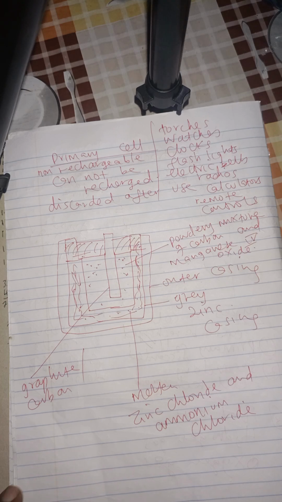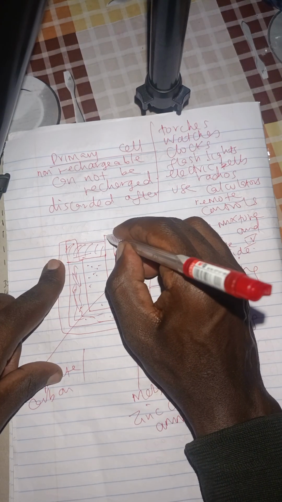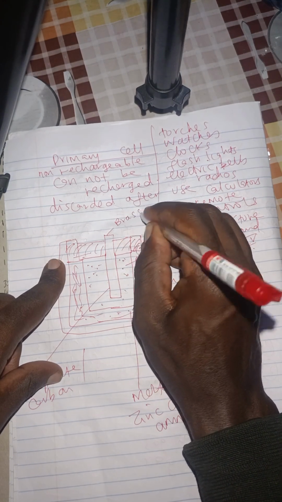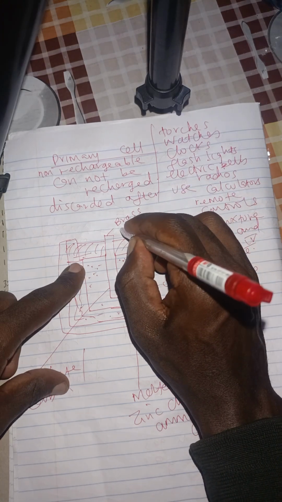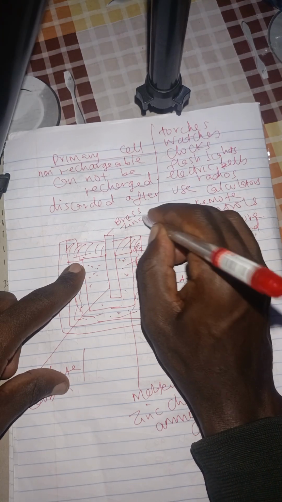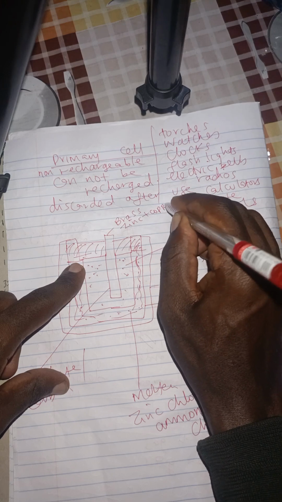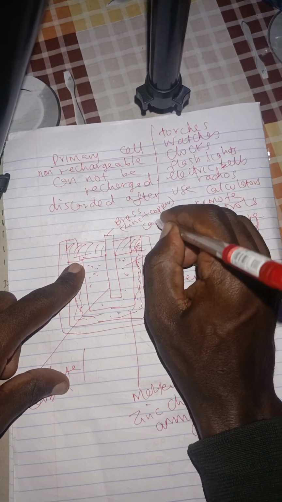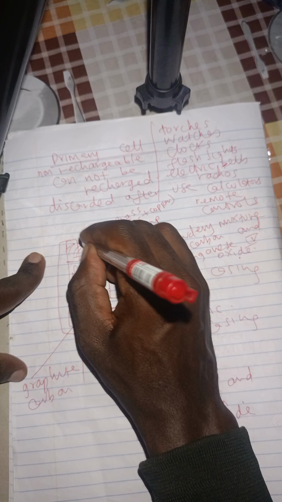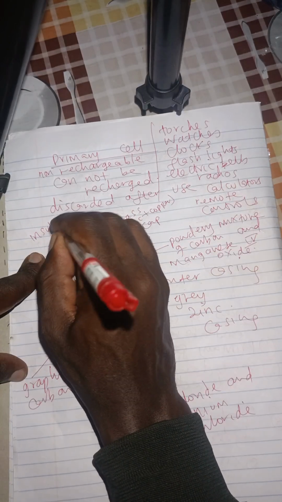Molten zinc chloride and ammonium chloride. And this is what we call the brass. Brass consisting of zinc and copper. Cap. And this is an insulating material, just at the top here.